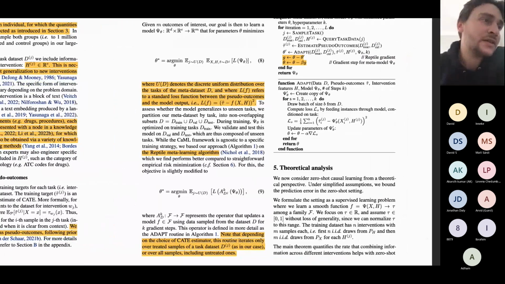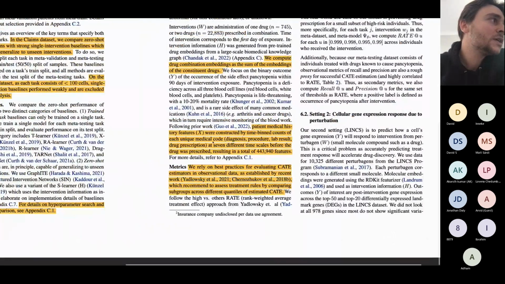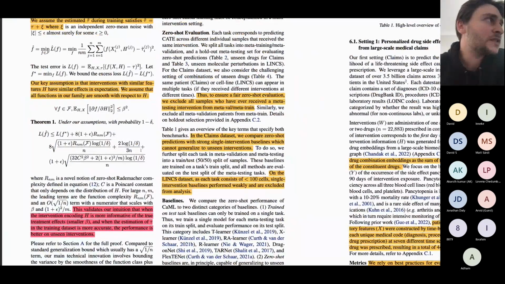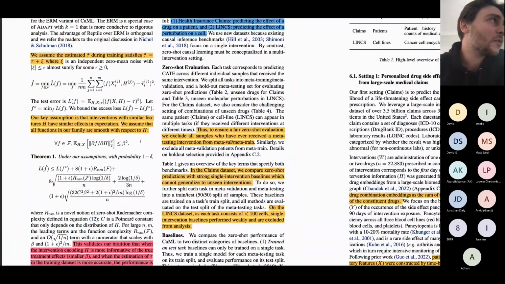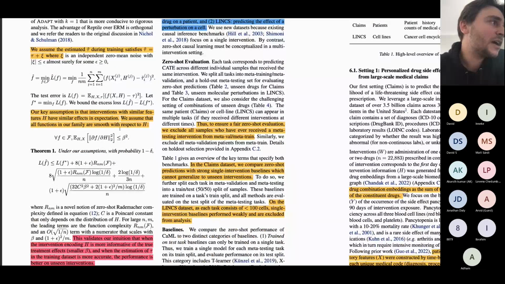Then they have a theoretical analysis where they make some additional assumptions, like that the meta-learning framework only trains on the sampled task for one iteration, and they create a bound for how much error there is between the learned model and the optimal model.